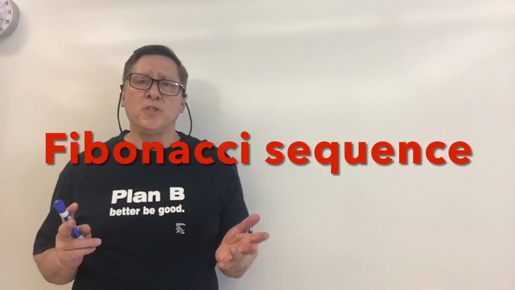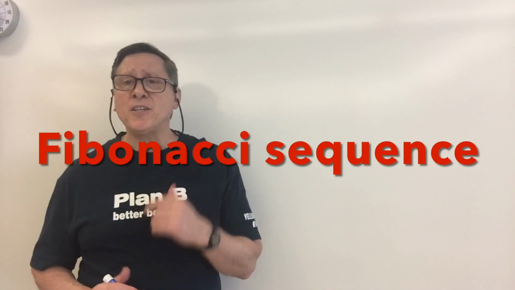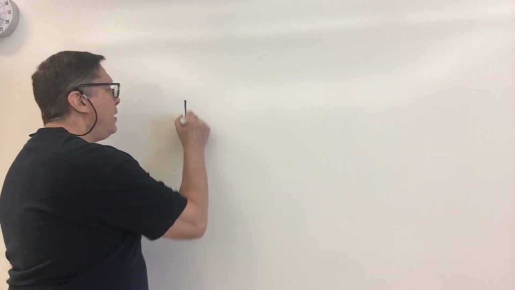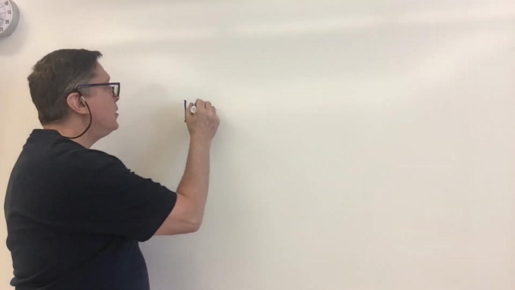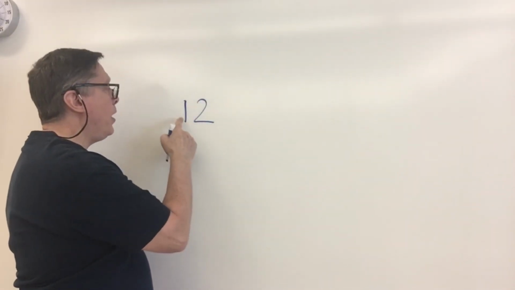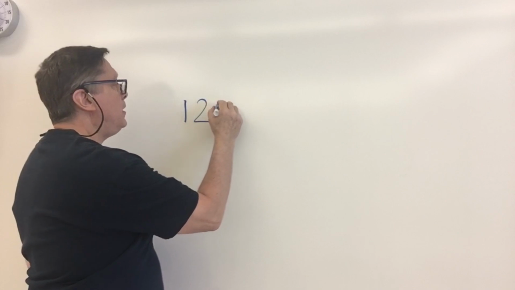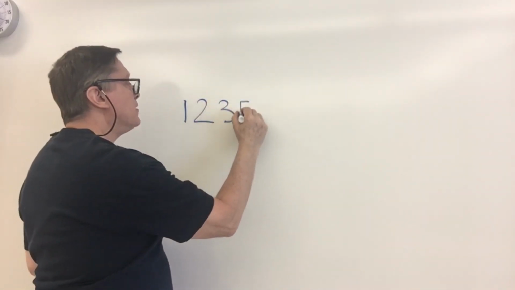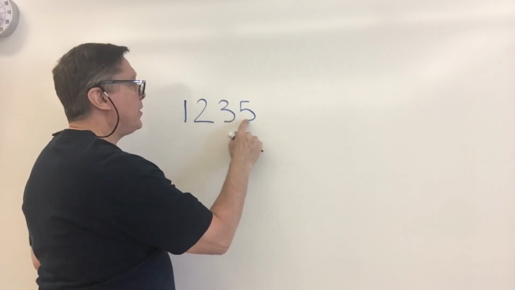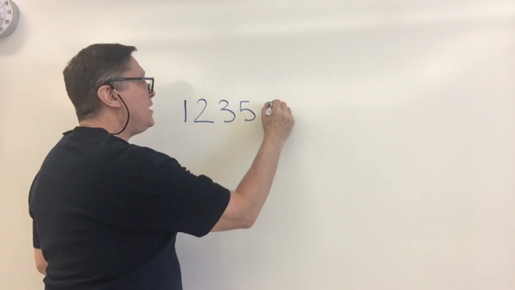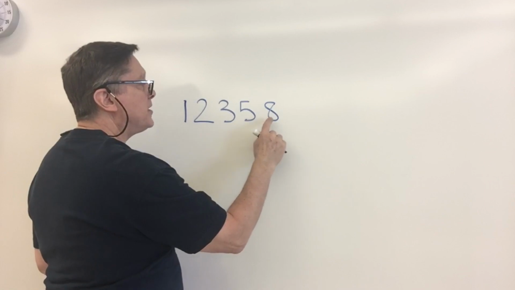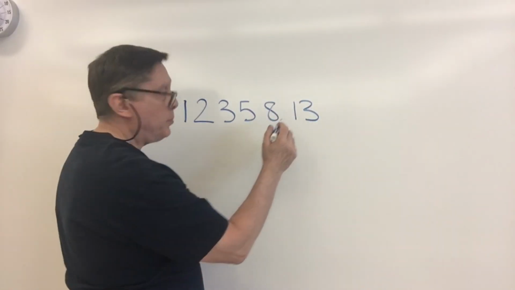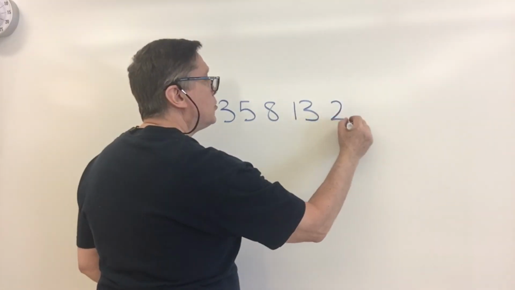Another number sequence that's very famous is the Fibonacci sequence. And that goes like this. 1 plus 1 is 2. 1 plus 2 is 3. 2 plus 3 is 5. 3 plus 5 is 8. 5 plus 8 is 13. 8 plus 13 is 21.